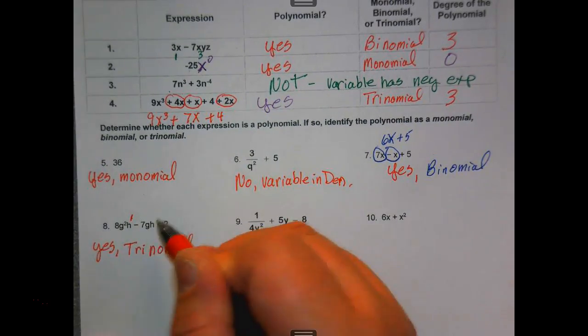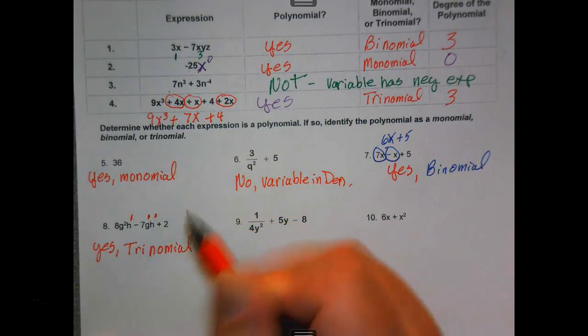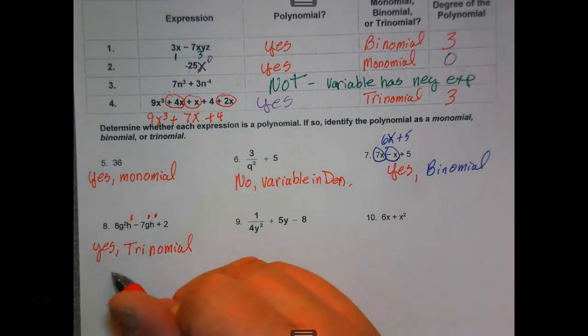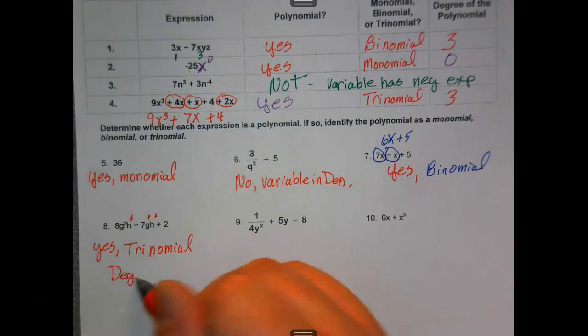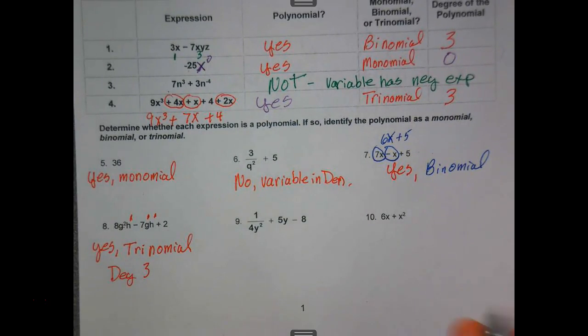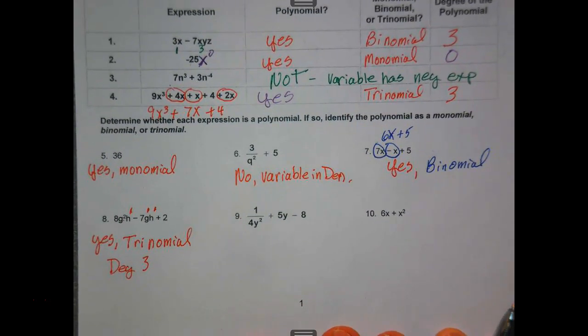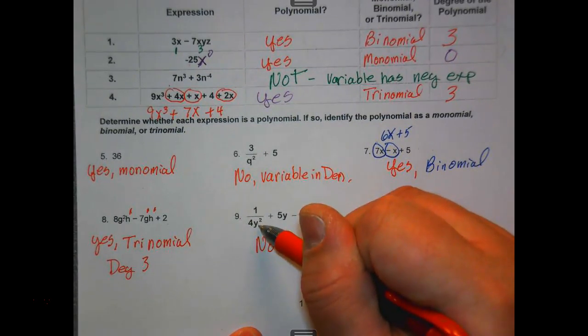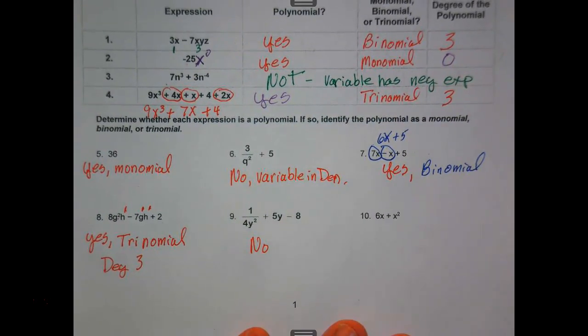This is h to the first, g to the first, h. So I got 2 plus 1 is 3. So this is degree 3. Number 9, polynomial? No, because I have a variable in the denominator.